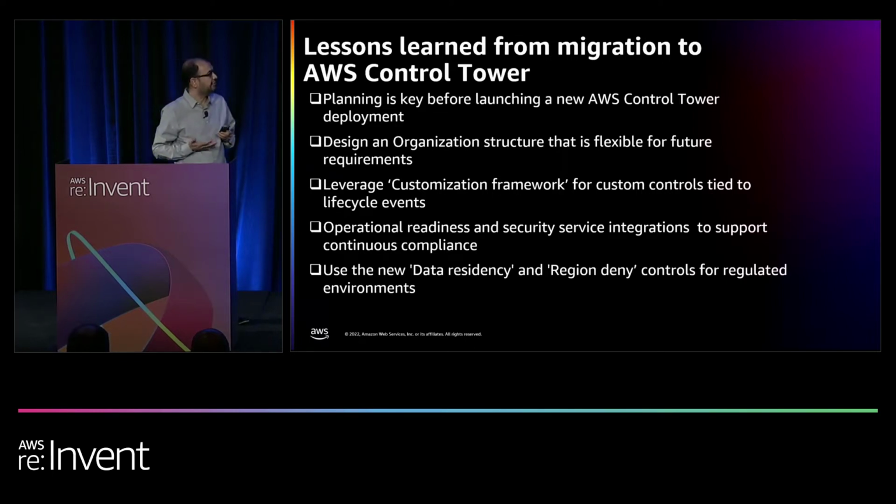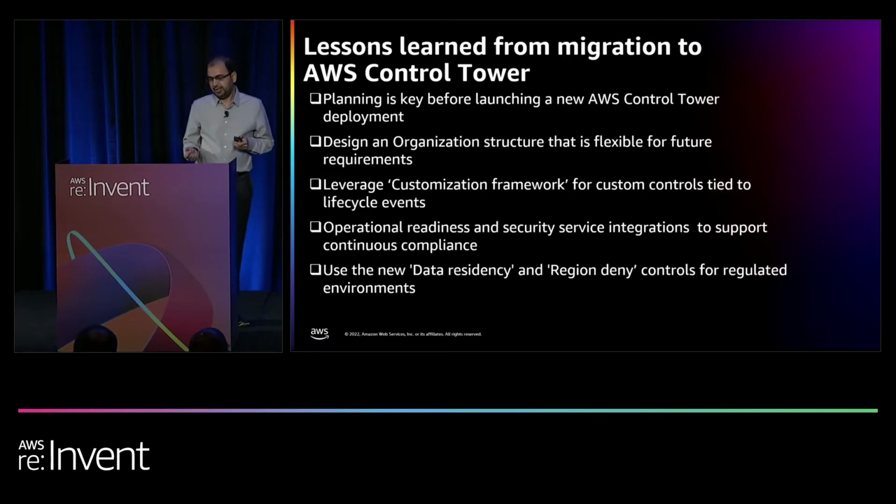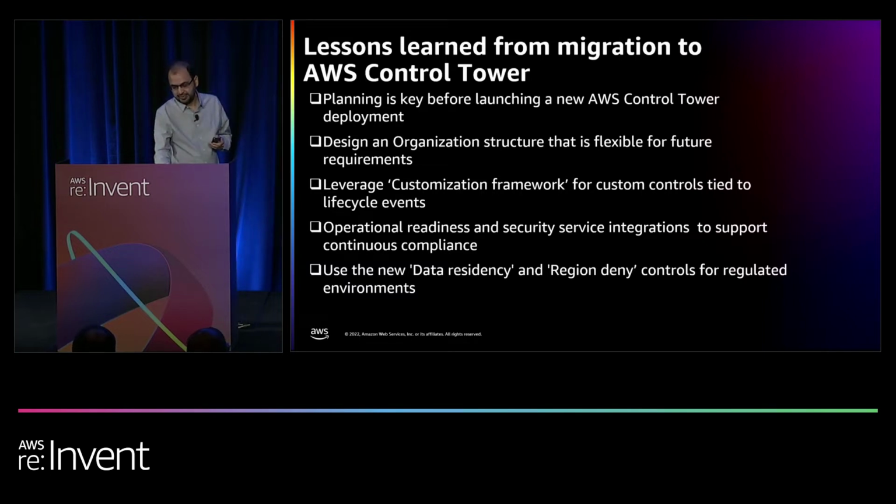Also, you have to plan the remediation of any compliance issues that you have in Control Tower. So it's the new operational state that you should plan for as you are migrating to Control Tower. Finally, Control Tower comes with a set of region controls that are really very important for regulated environments like Pimco. So definitely recommend using them.